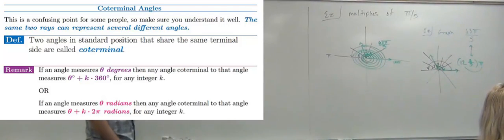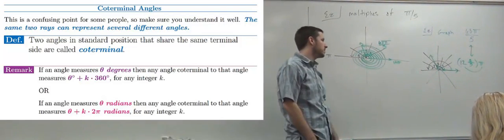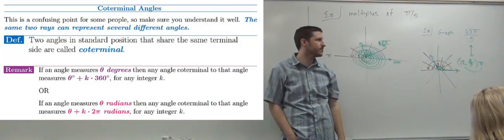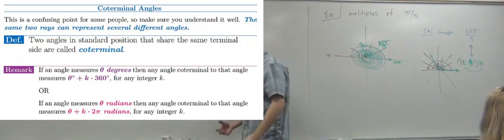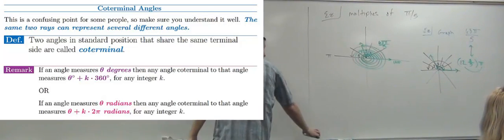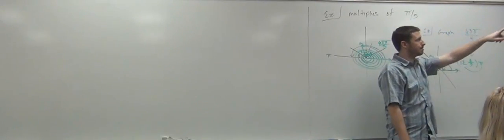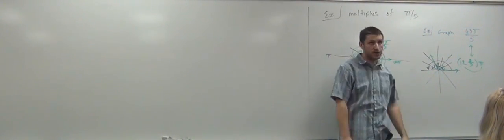So two angles in standard position that share the same terminal side are called coterminal. You'll notice a sort of pattern between all coterminal angles. This is the remark. What do you mean by sharing the same terminal side? So the terminal side of an angle is a ray, right?